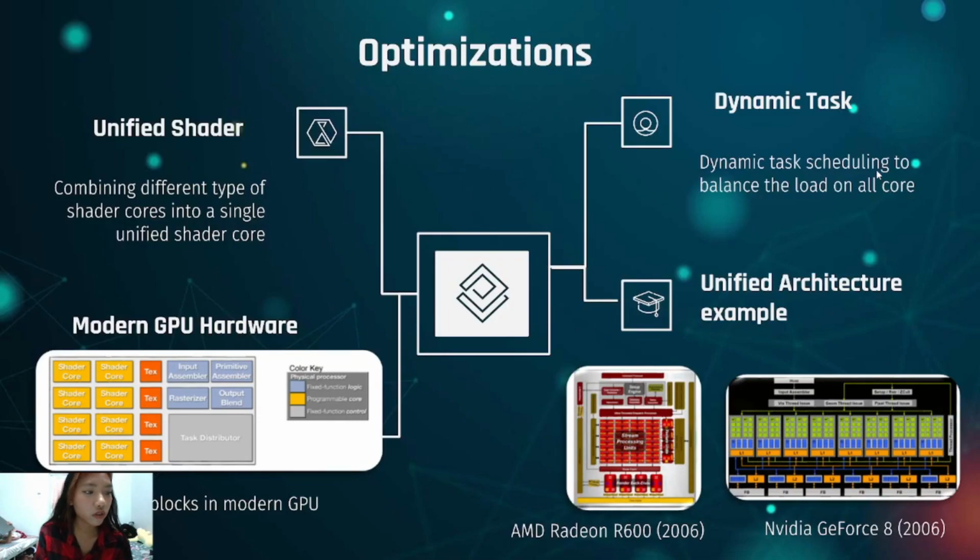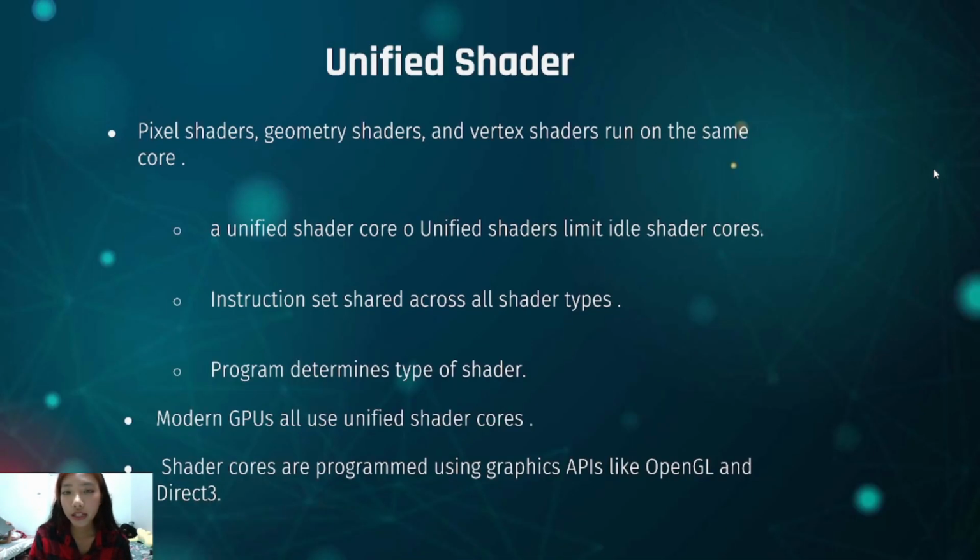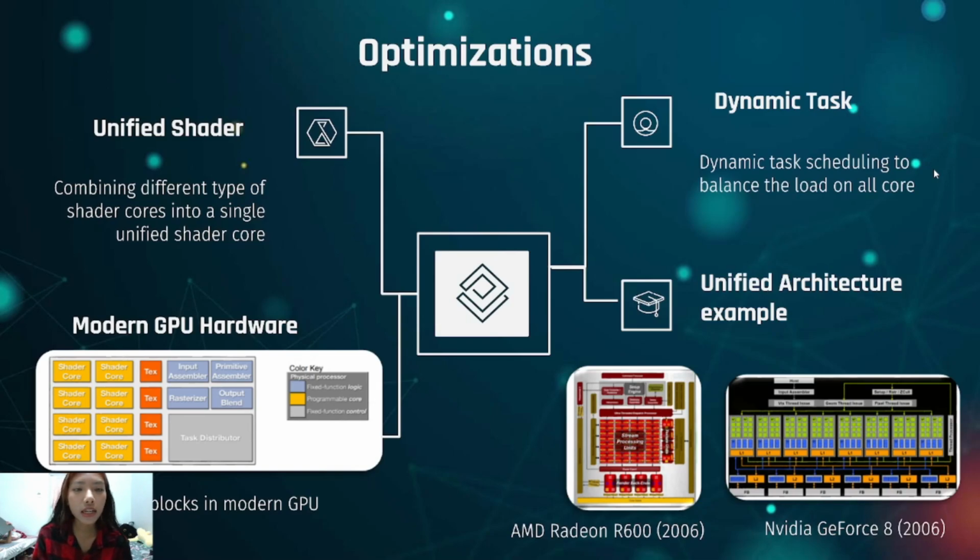Assalamualaikum, my name is Fatina Zila binti Muhammad Nazli, and now we are at the optimization. There is a unified shader, which is about combining different types of shader cores into a single unified shader core, and then there is dynamic task scheduling to balance the load on all cores of the GPU.